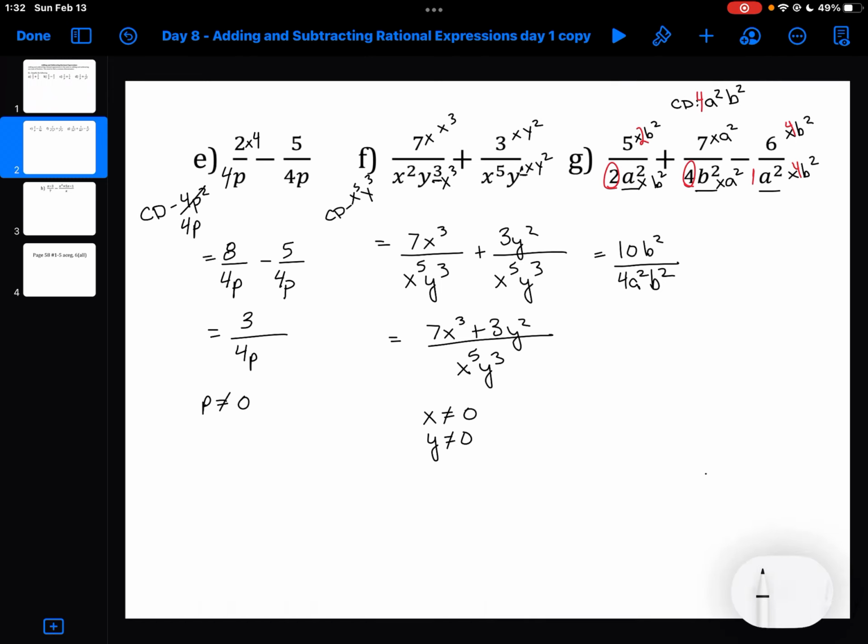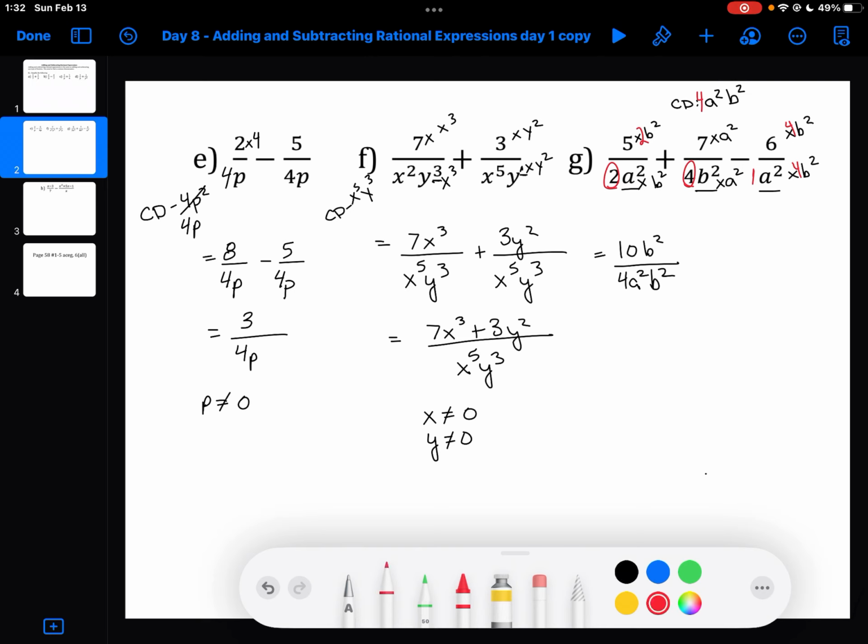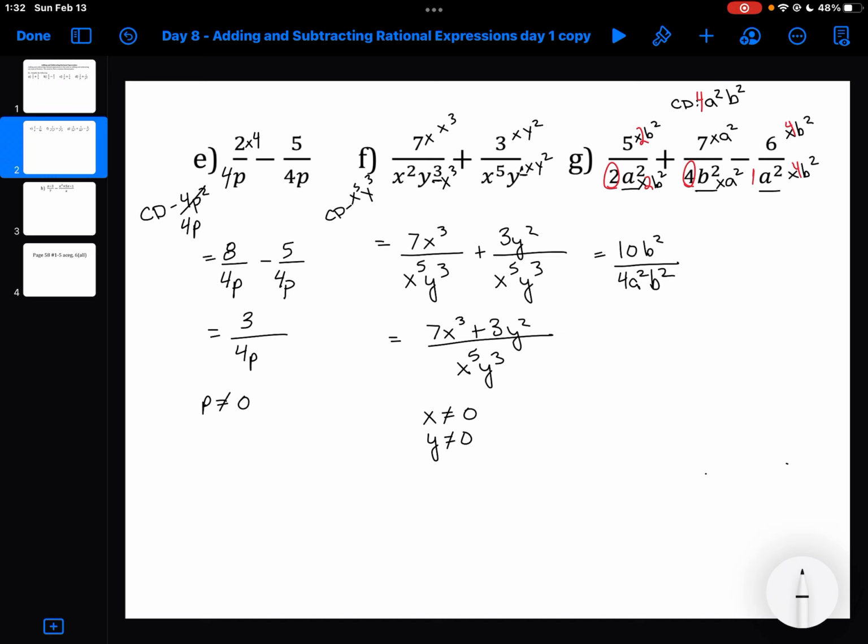So let's just change that so it matches because I'm trying to get to the number 4. There we go. Okay. My second one is 7a squared over 4a squared b squared. And then my last one is 24b squared over 4a squared b squared.